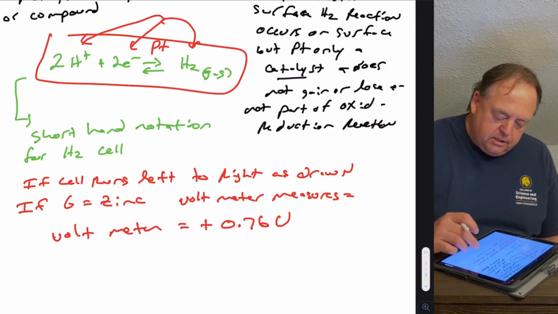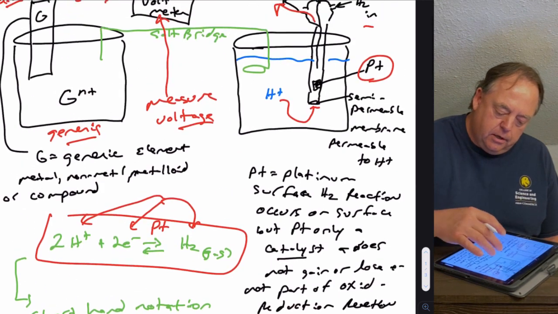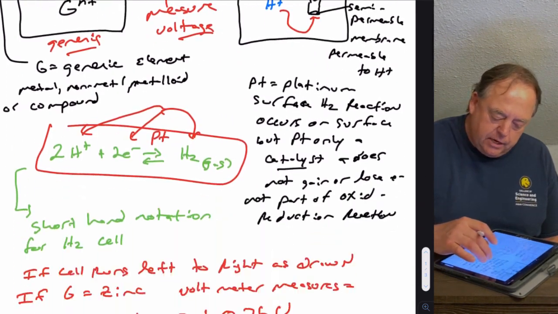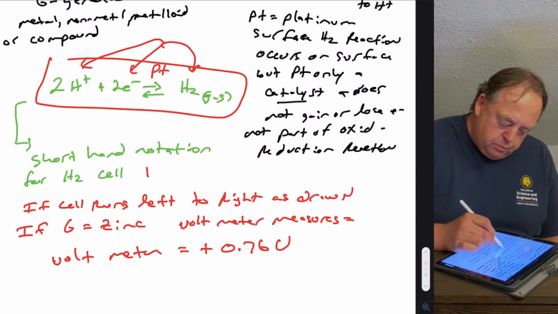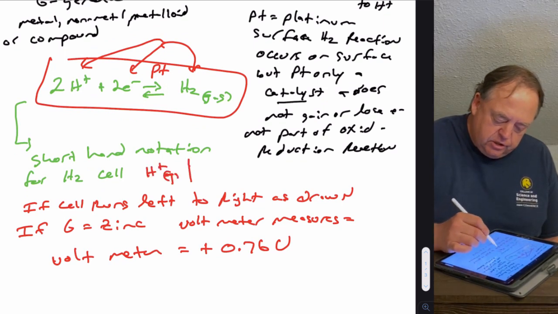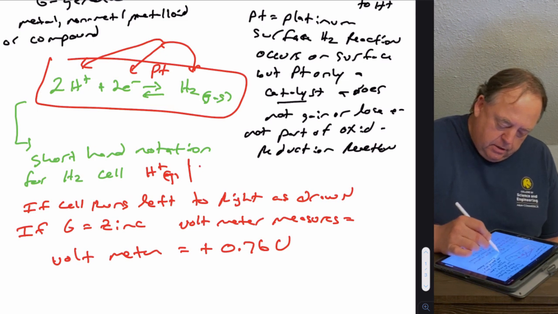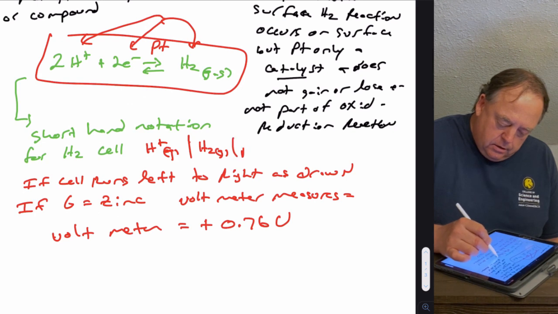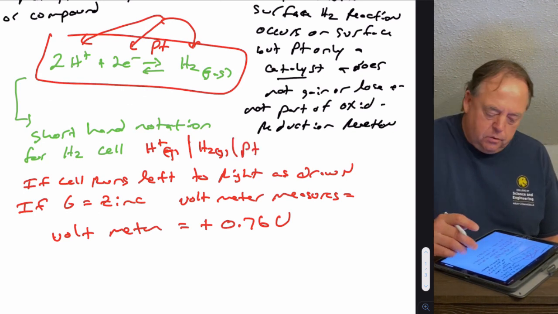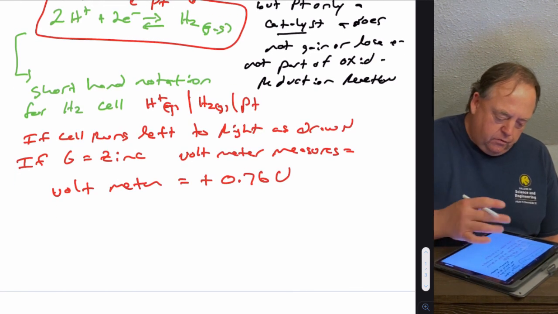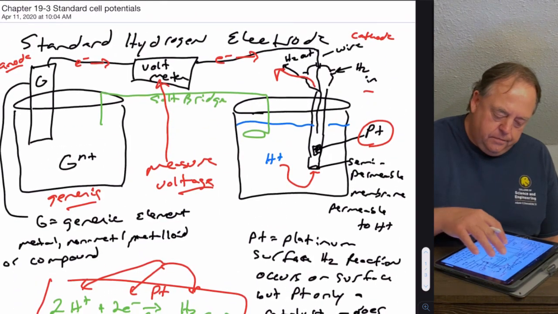So how would we write the cell notation? For the shorthand notation for the hydrogen cell: H+ aqueous, a phase transition to make H2 gas, and it occurs on the platinum surface. That's the way you denote that cell.